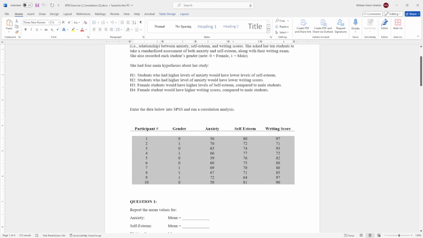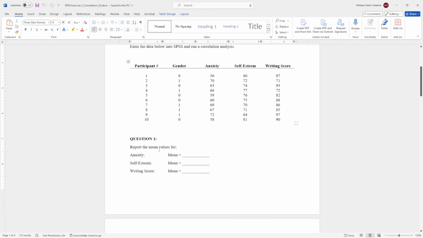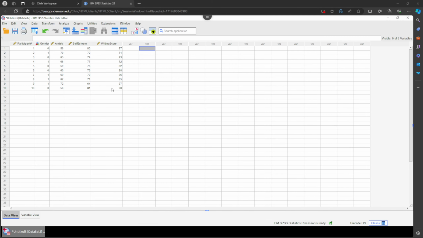All right, so with that said, let's go ahead and take a look at our first question, and that is to report the mean values for our variables. So let's go ahead and take a look here. One thing I want to mention first as well, you may be seeing zeros and ones for your gender variable, or you may be seeing the actual labels that we entered in for that. You can switch back and forth between these two by using this button up here just under help.